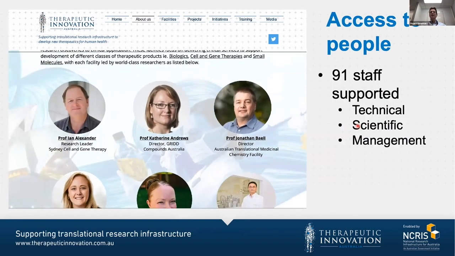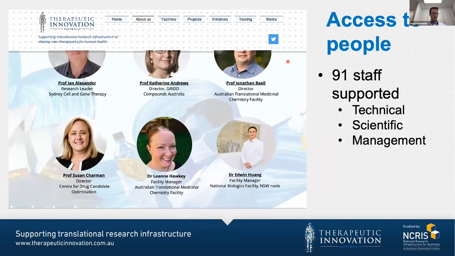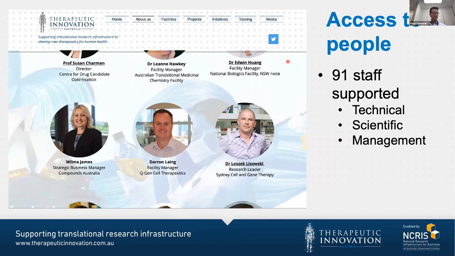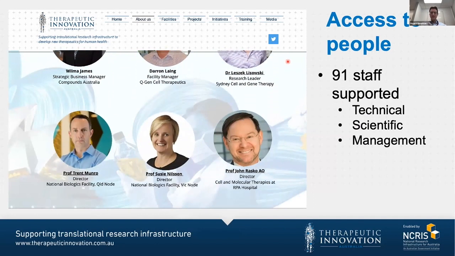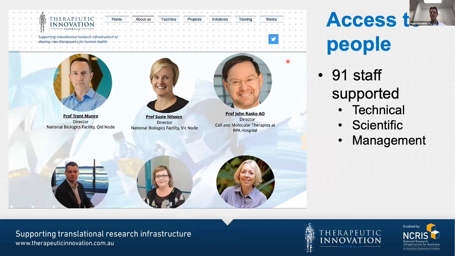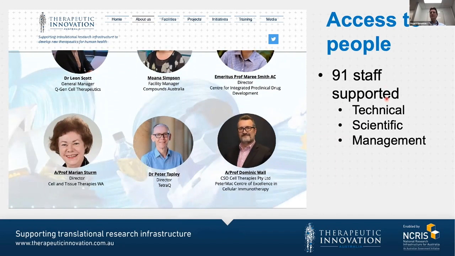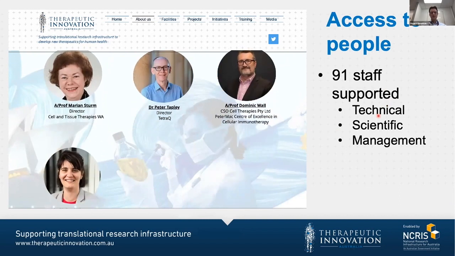So this is just a bit of a capture from our website where we highlight some of the management and research leadership. But overall, we fund in the region of 91 staff to various degrees, and they range across technical and scientific and management skill sets.